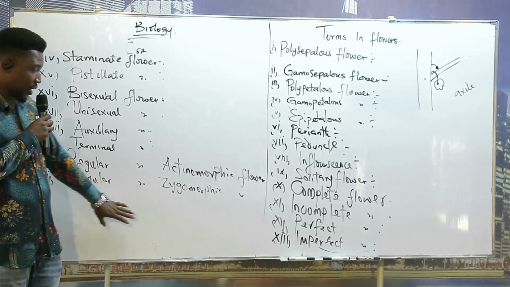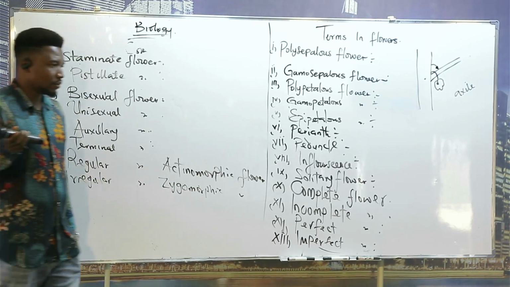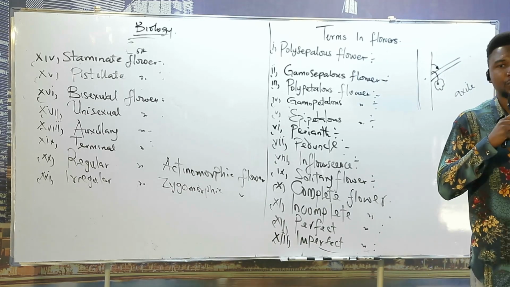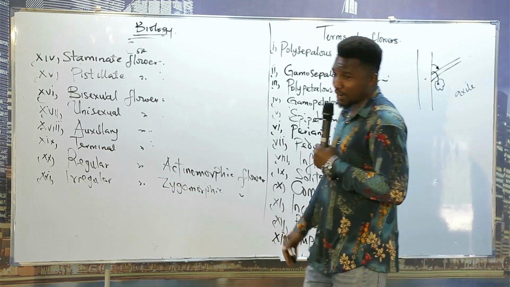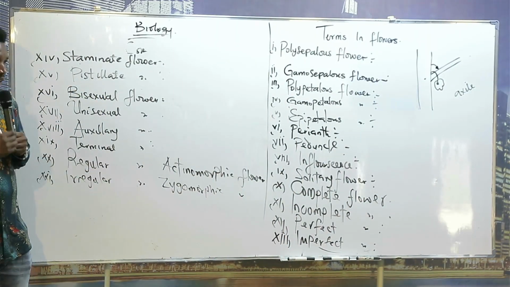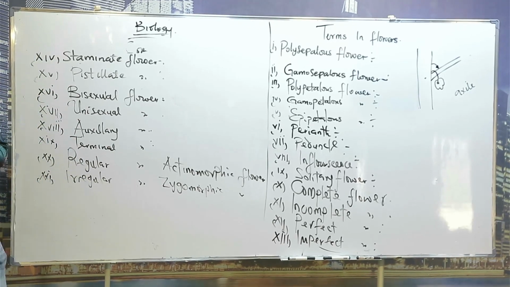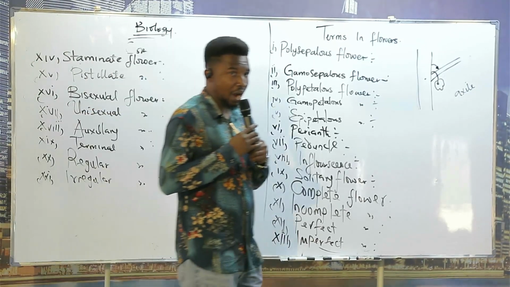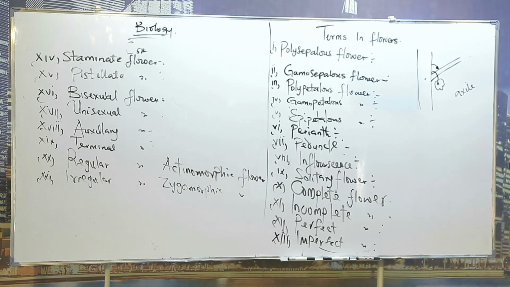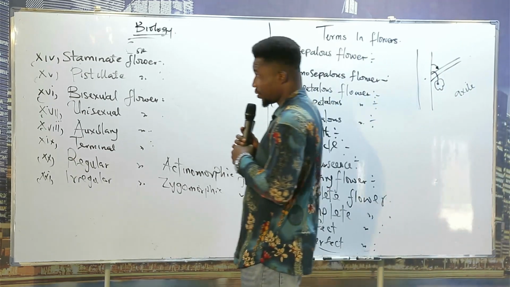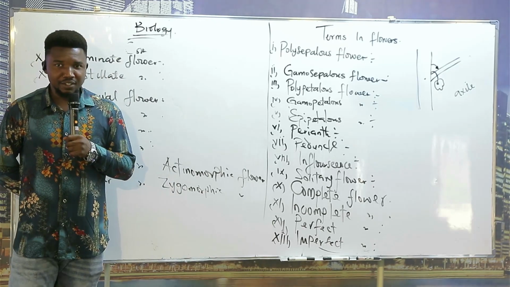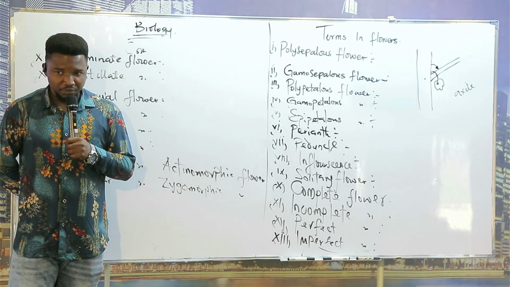Let's go to the next one, which is the irregular flower. That's the opposite of regular, right? It's a type of flower that the petals and sepals are not well arranged, and they don't have the same shape.